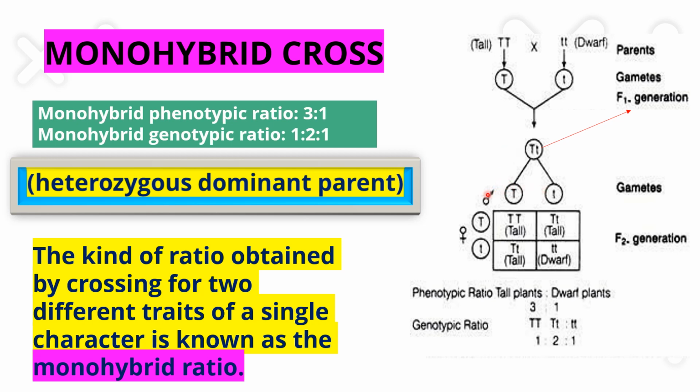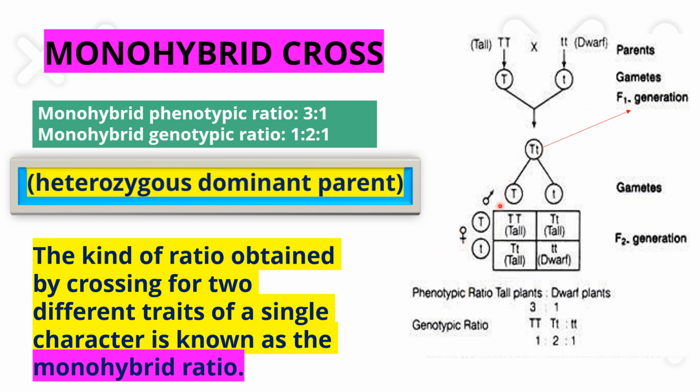Then two different types of gametes we are getting from each parent. From this parent, possible gametes are capital T and small t. Here also the other parent, the gametes will be capital T and small t. Then two possible gametes are getting from each parent.